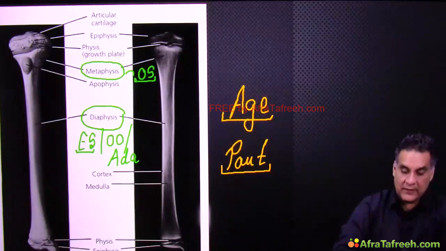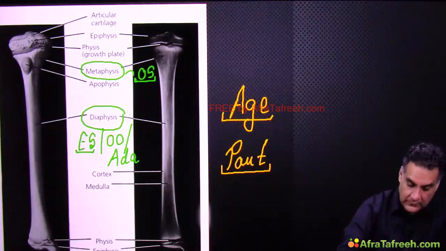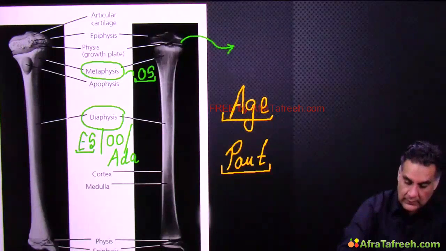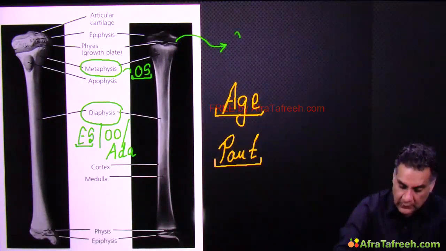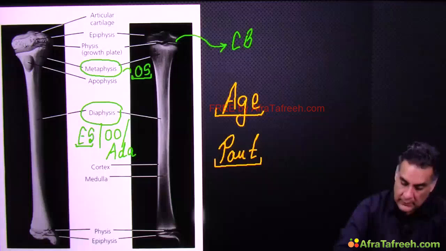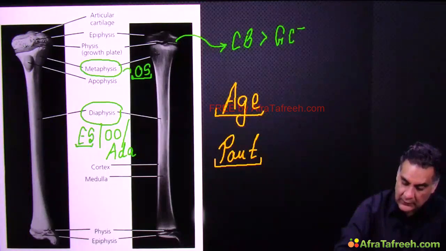When we come to epiphysis, in epiphysis, remember this golden point. It's chondroblastoma, which is the number one tumor, followed by giant cell tumor.